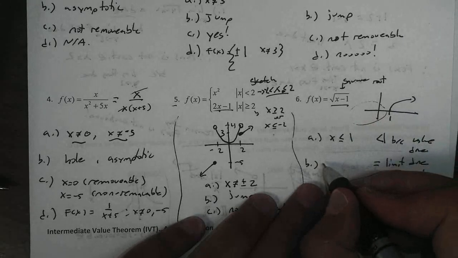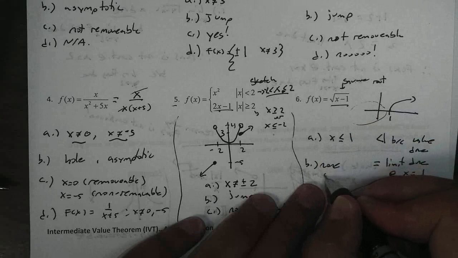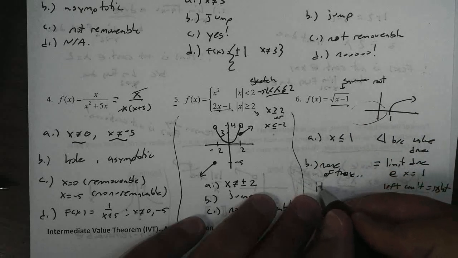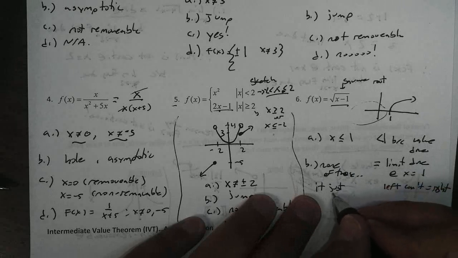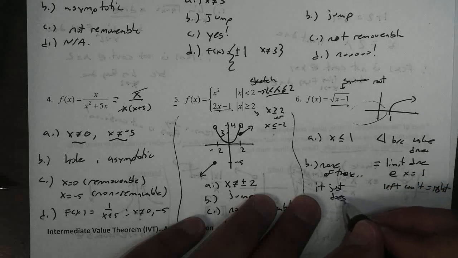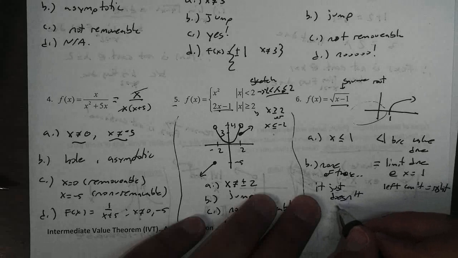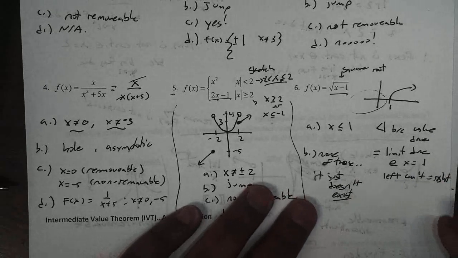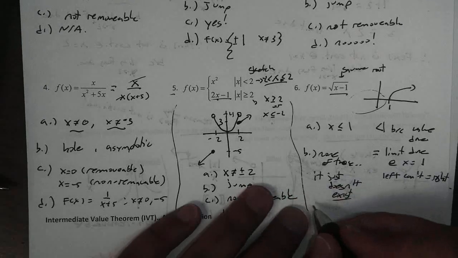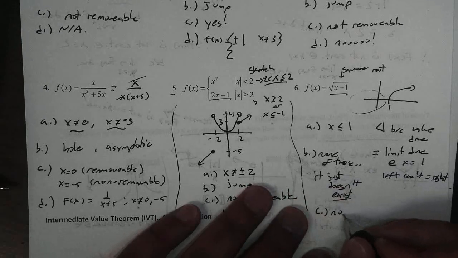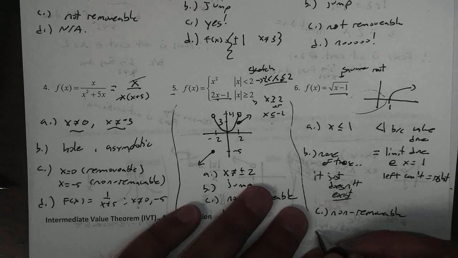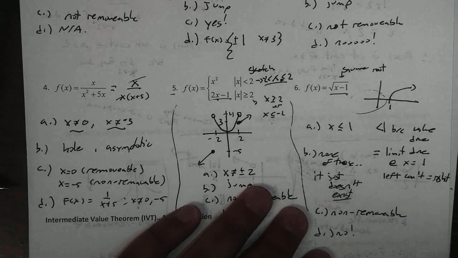It just doesn't exist. There's no reason for it. It just does not exist, unless you get into the imaginary world. That's that fourth one I told you about earlier. None of the above. C, this is non-removable. And D, no, I can't rewrite that.